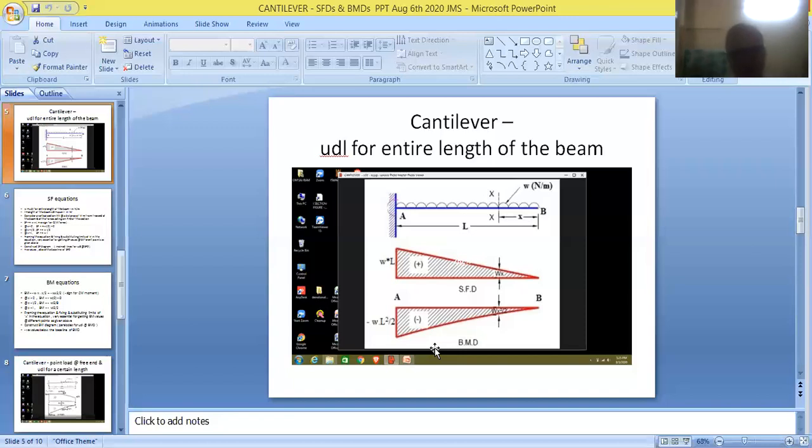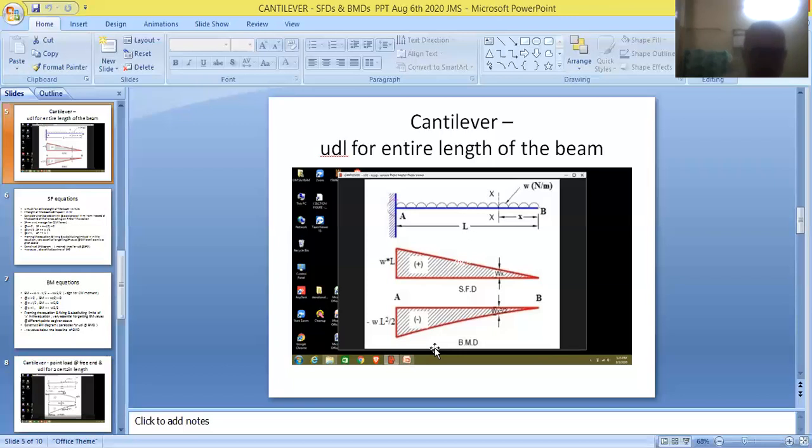So friends, we got all the values of SF as positive. So therefore, all the values are plotted above the baseline of the shear force diagram. And we got all the bending moment values as negative. So all the values are plotted below the baseline of the bending moment diagram.